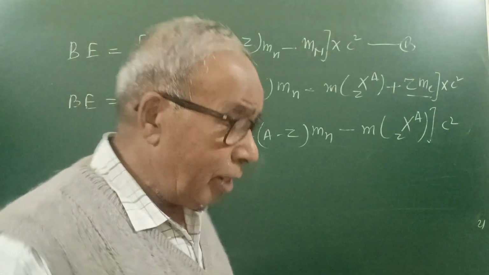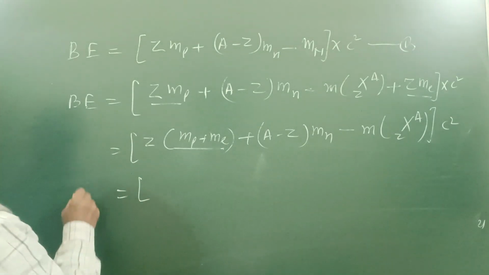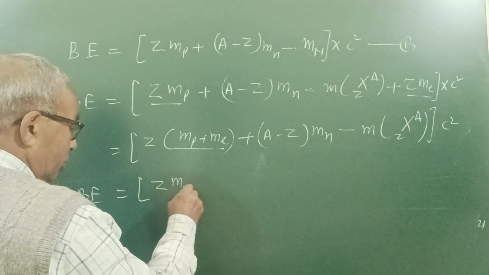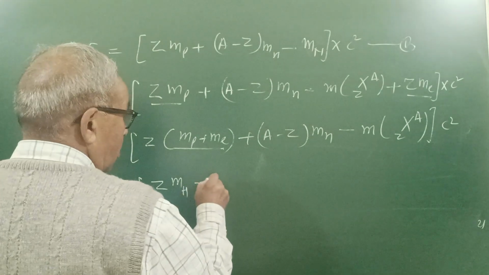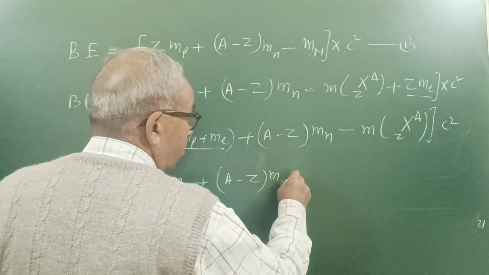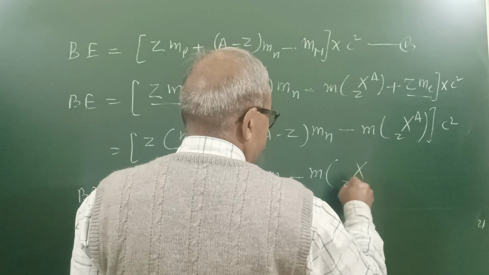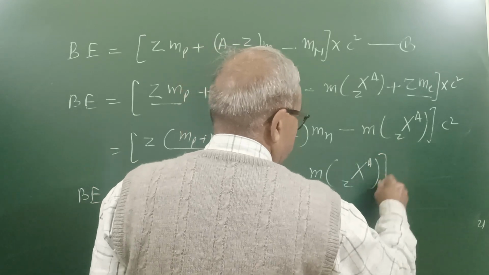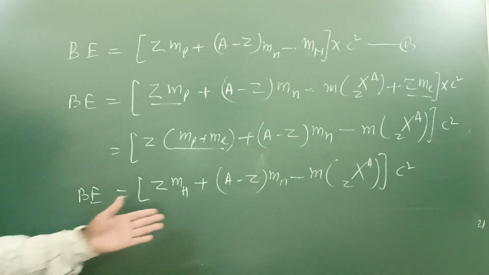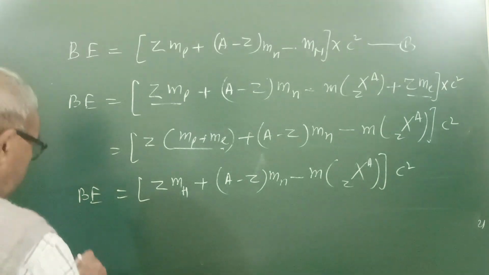A hydrogen atom has one electron and one proton, so BE equal to Z M_H, the mass of hydrogen atom, plus (A minus Z) M_N minus M(X Z A), into c square.